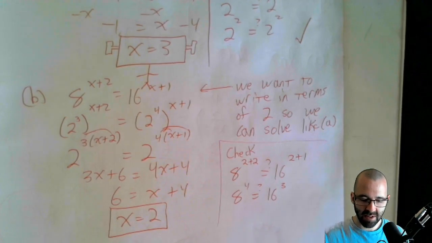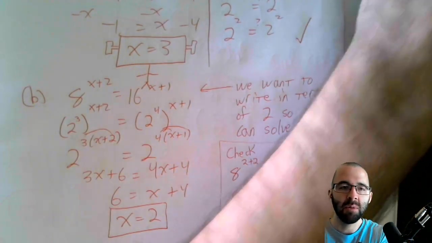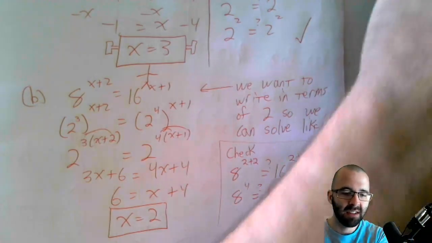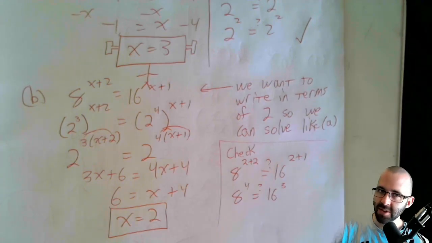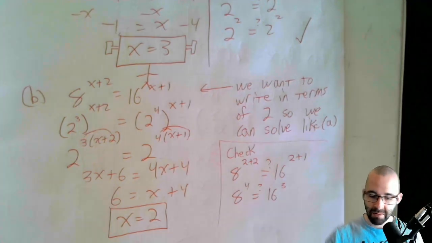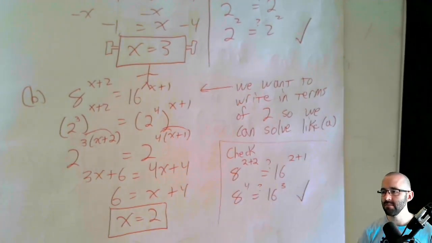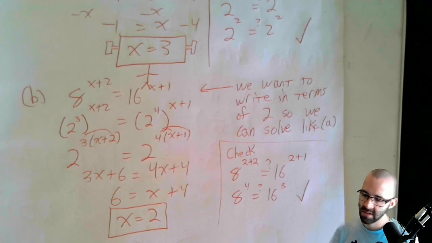I don't know what those numbers are, but I have a calculator. 8 to the 4th power is 4,096. 16 cubed is 4,096. There we go. So we know that's our right answer. Okay. We got 2 more of these.